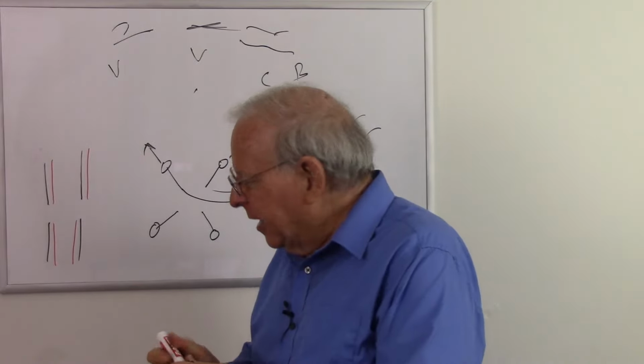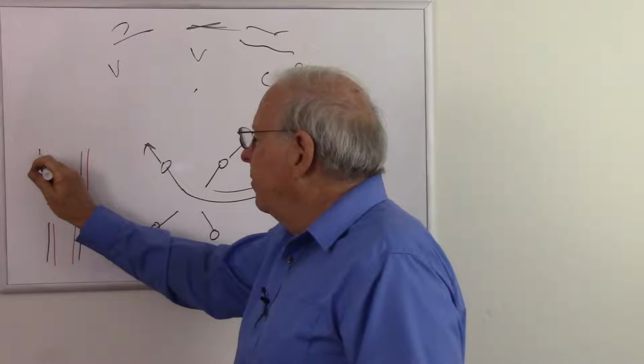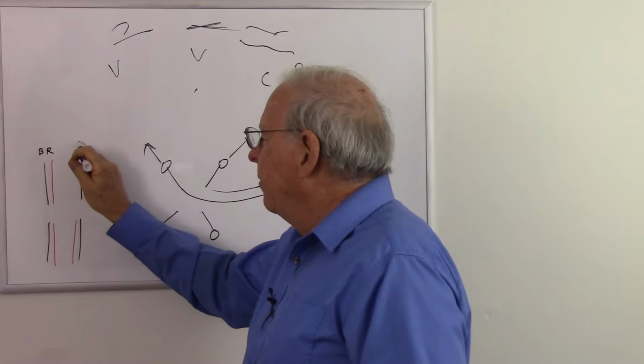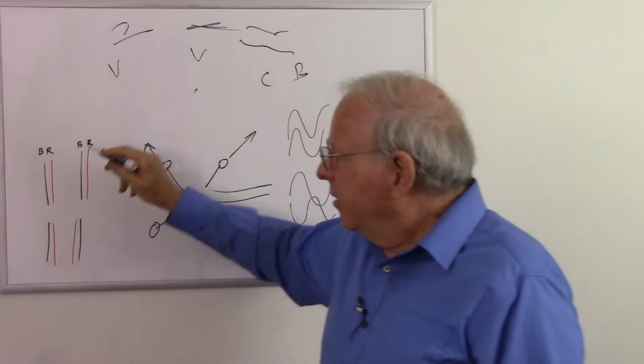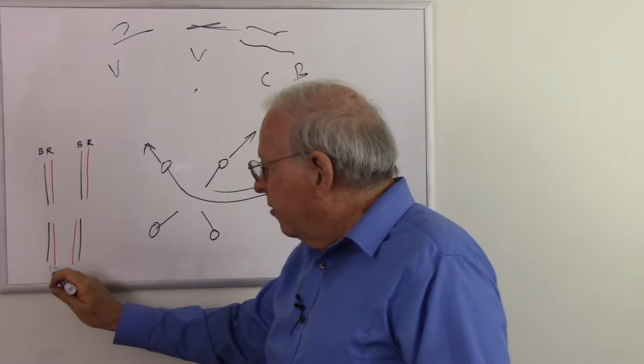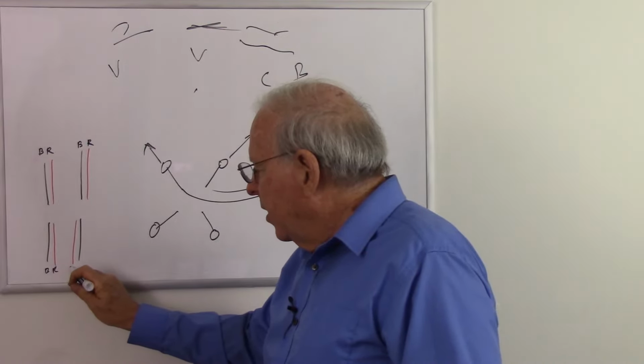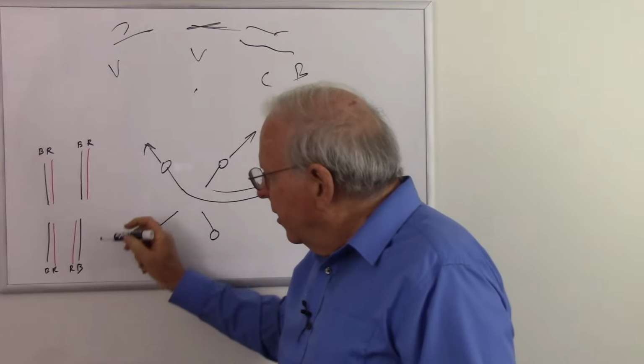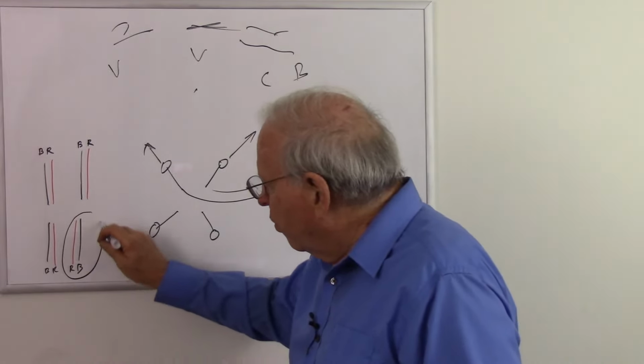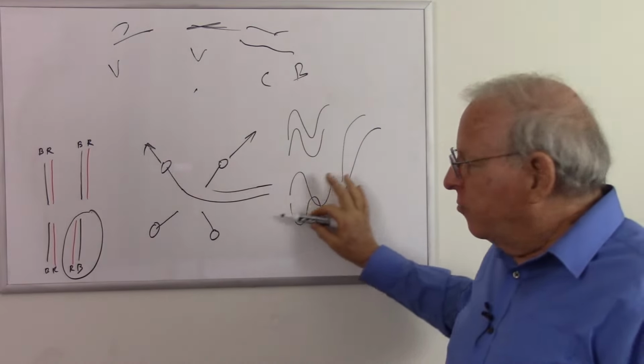So if I label this out, black, red, that's the coding on the speakers. On the rear speakers, we go normal, black, red, then red, black. So we flip the wires on just one speaker, and that decodes what I just did.